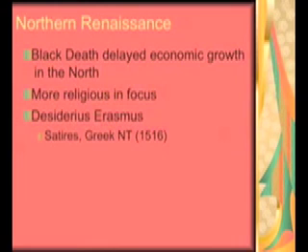He also, in 1516, published the Greek New Testament. He went around and gathered all the different manuscripts from the Greek that the New Testament part of the Bible was written in, and compiled them into one manuscript that had everything in one place.